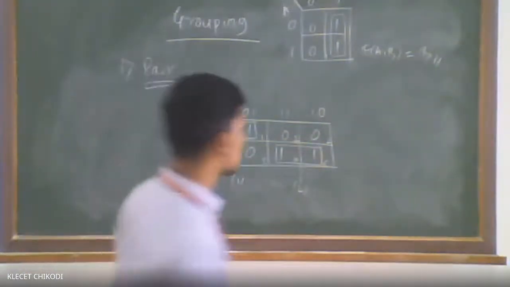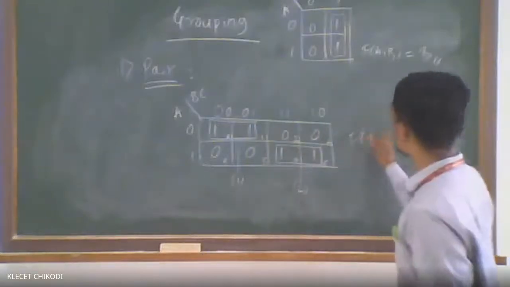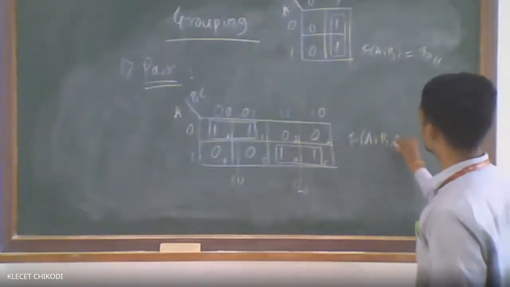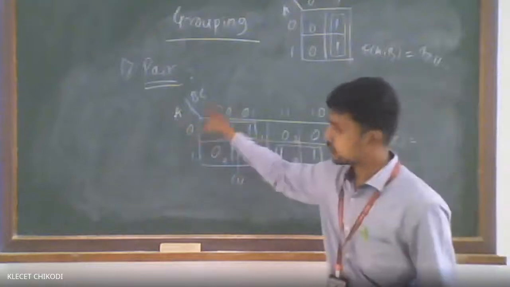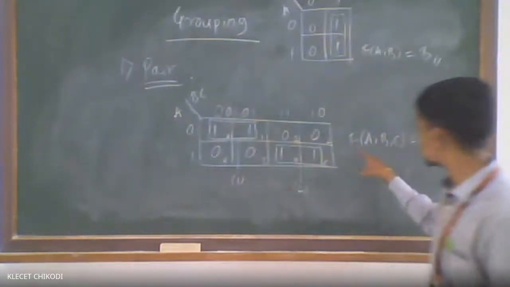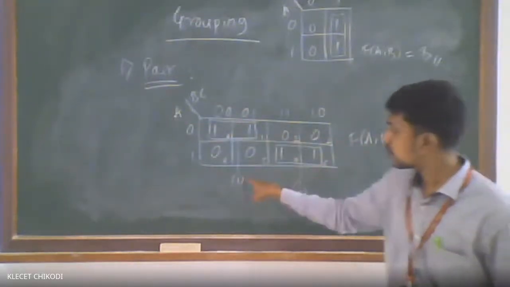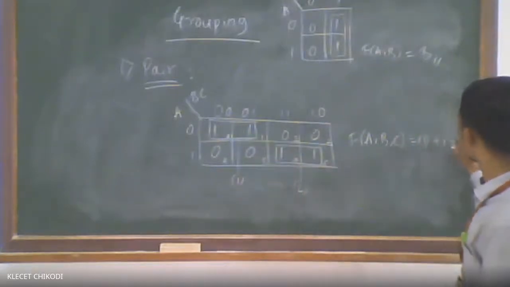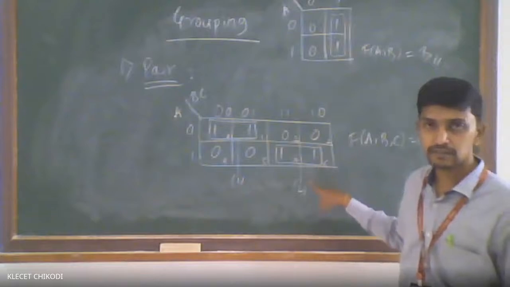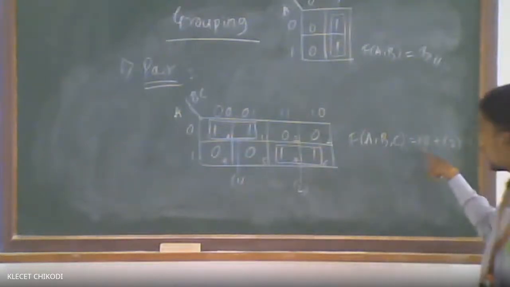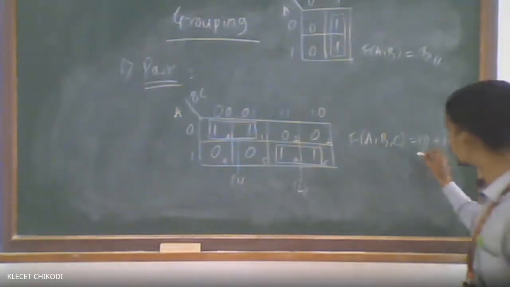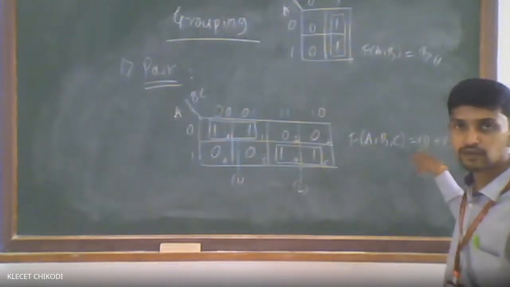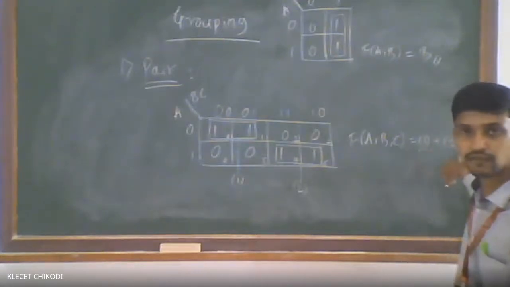So again, that is how your Boolean expression looks. Since we have a total of 3 variables, it will be a function of A, B, C. So the function value for this pair plus the function value for this second pair. You have to write it like this: 1 and 2. Now you have to write what you will get for this 1 and what you will get for this 2.